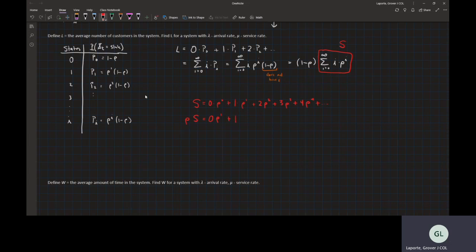And this would be 1 times rho squared plus 2 times rho cubed plus 3 times rho to the 4th, 4 times rho to the 5th, and so on and so forth. And now remember the trick. We just take this, draw a line, subtract, and so it would be S minus rho S.